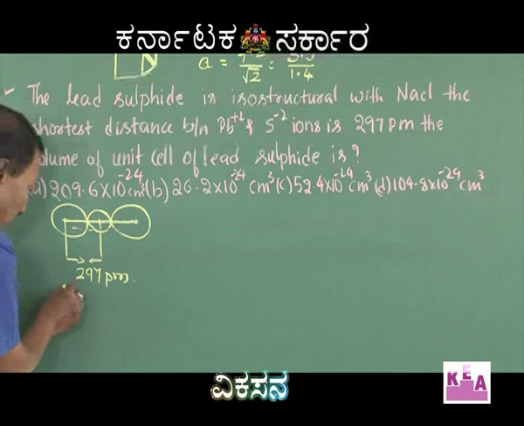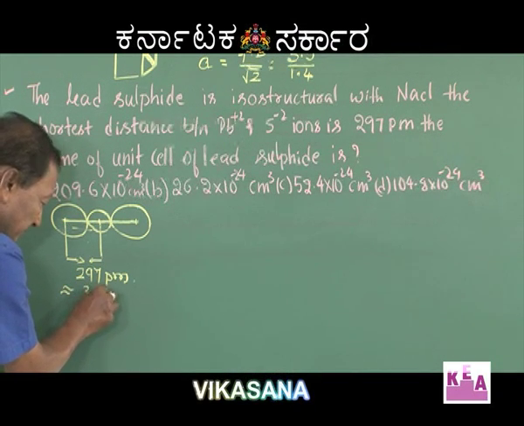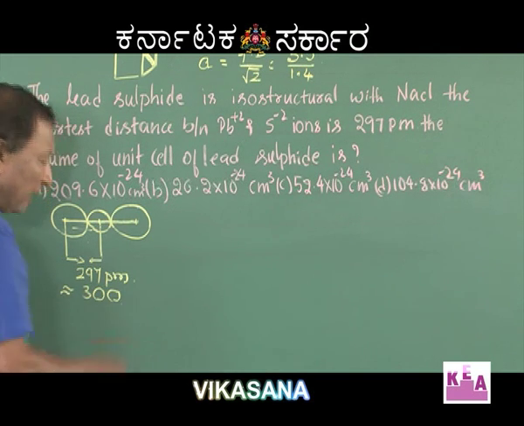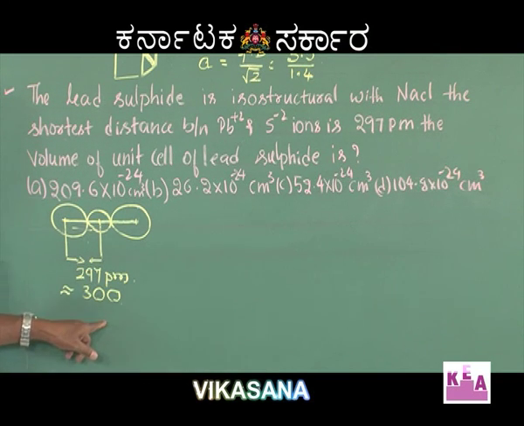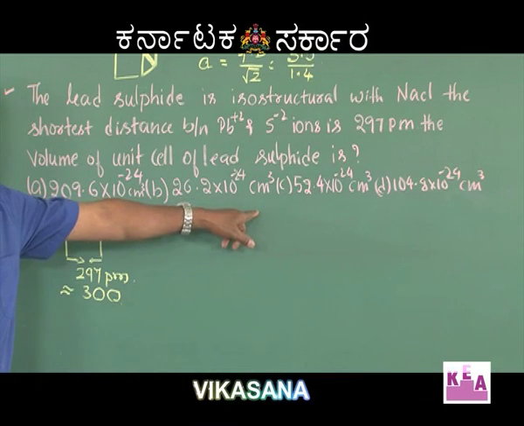297 is approximated to 300 picometer, and I know 1 picometer equals 10 raised to minus 10 centimeter, and that is the unit in which the answer has to be given.